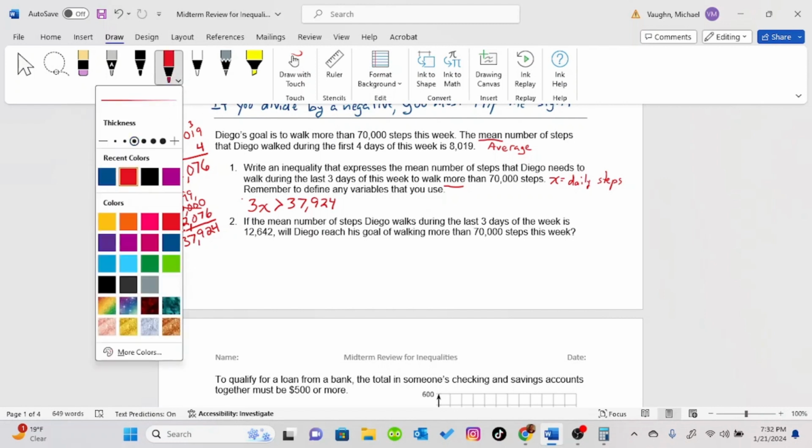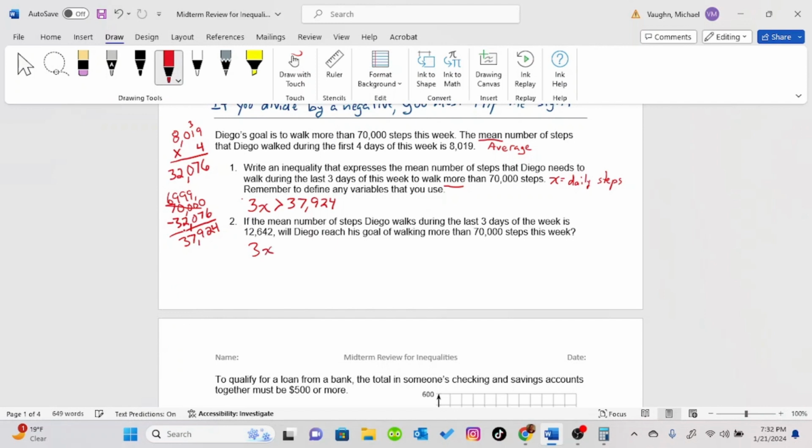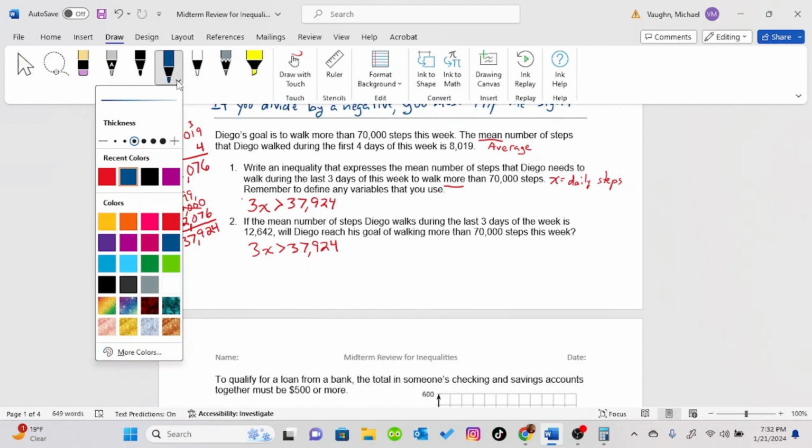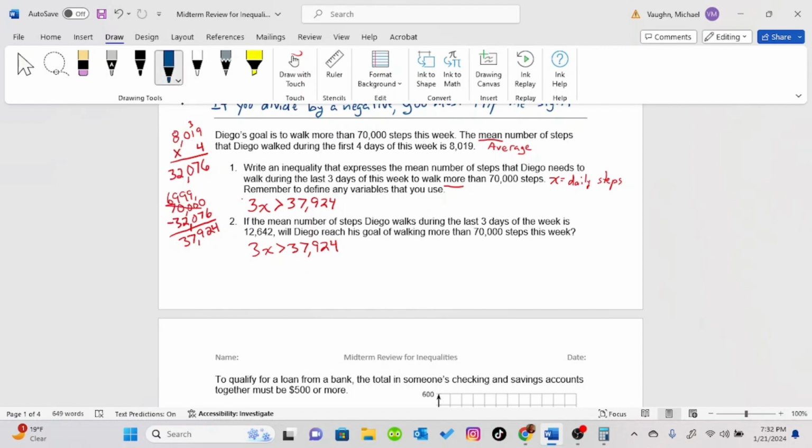Let's go ahead and bring this down to number 2. To get x by itself, 3x is multiplication. We're going to divide by 3. And we're going to do it to both sides to keep it equivalent.